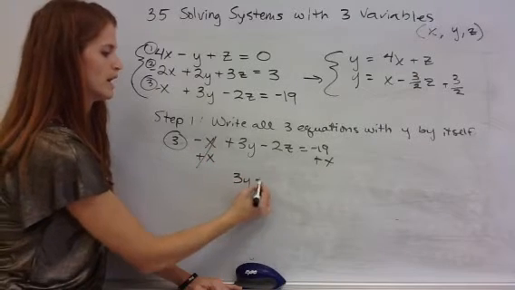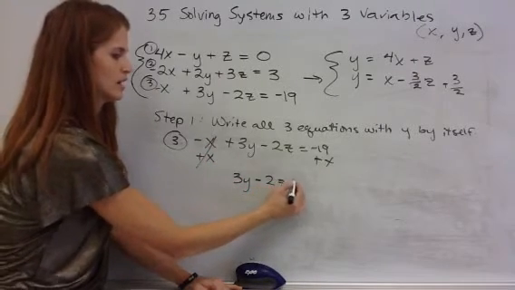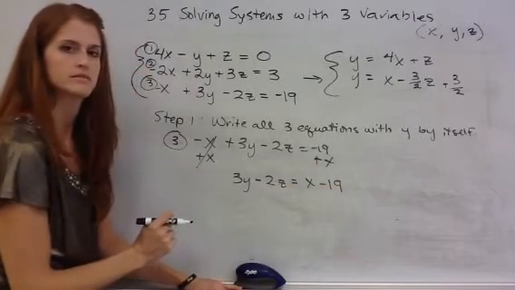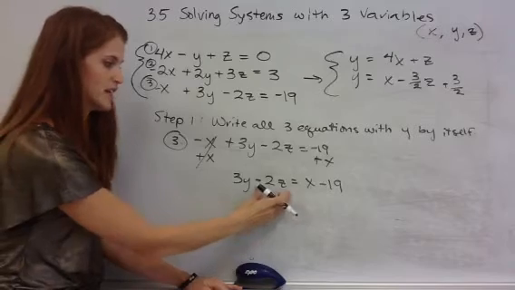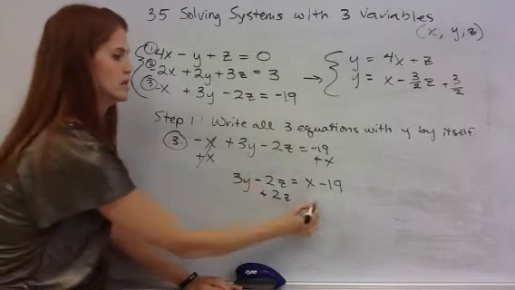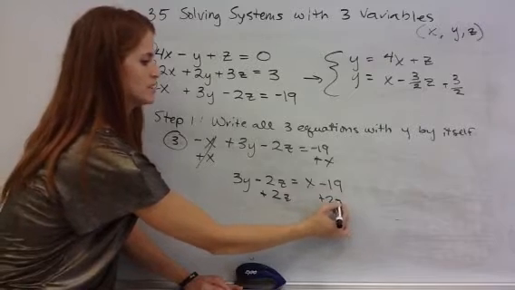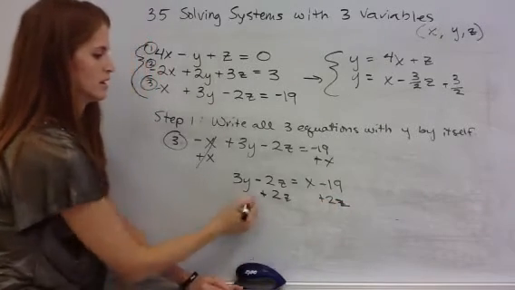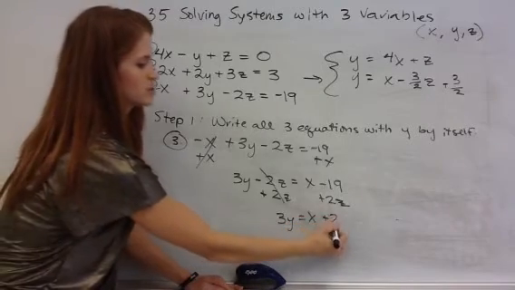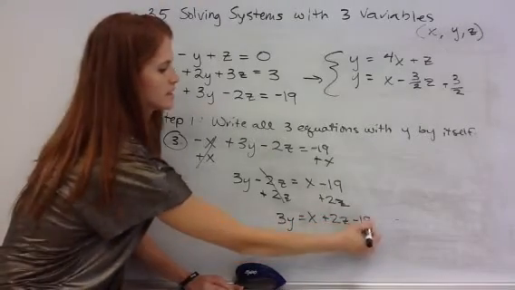I have 3y minus 2z equaling x minus 19. Now again, I still have z here. So I want to add the 2z, since this is a minus 2. I'm going to add 2z to both sides. This goes away. I get 3y equaling x plus 2z minus 19.